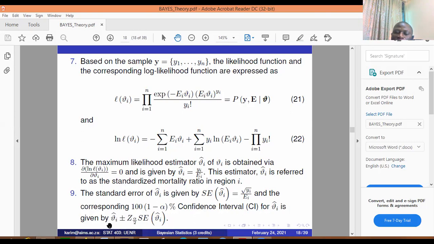And that is going to be the maximum likelihood estimator plus or minus our Z value, which we read from the table, multiplied by the standard error that we have estimated here. And that will give us the confidence interval.